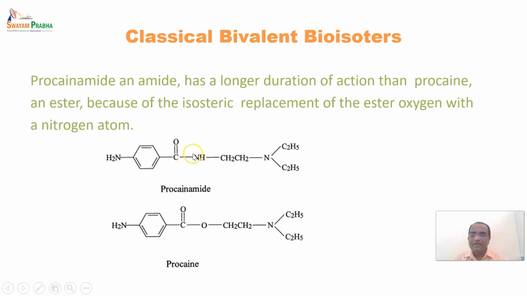Here you can see that NH is replaced by oxygen, a divalent atom, and due to this there is improvement in action, that is, it has a longer duration of action, because hydrolysis requires some time compared to an ester.